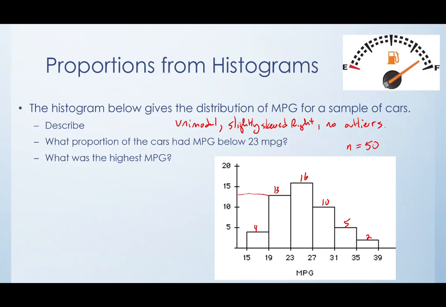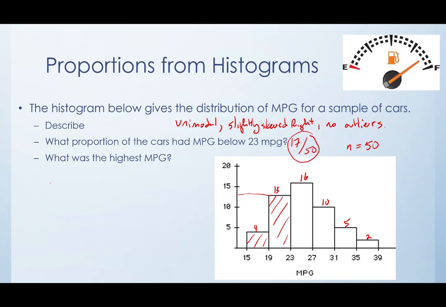For the ones below 23, we're going to just go for these 2 here. So that would be 4 plus 13, which is 17 out of 50.